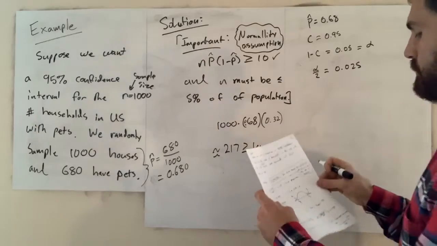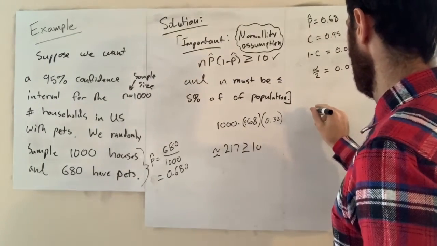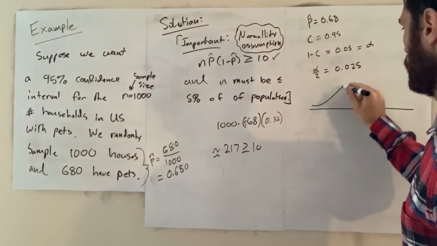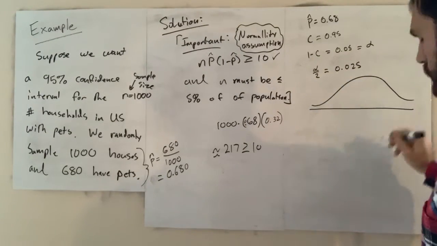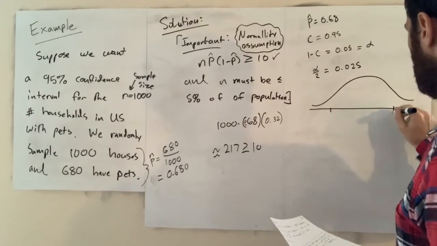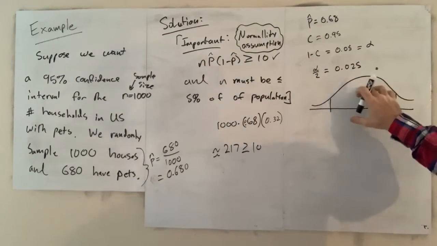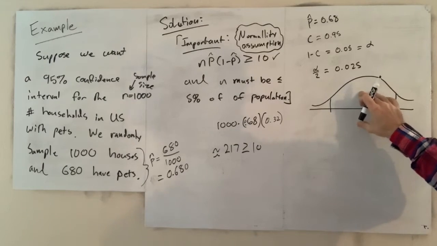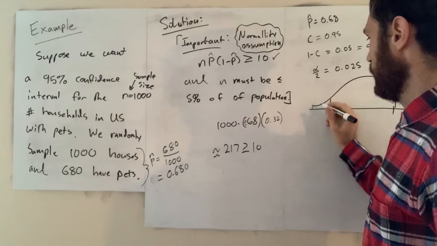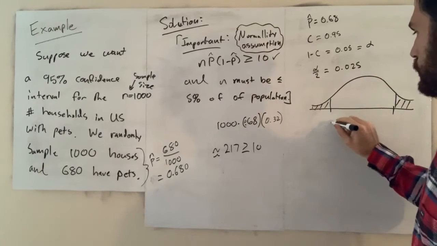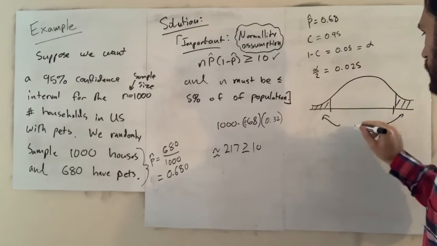And so what it means is, when we're looking at our normal distribution, you want C to be this region here, and you want alpha to be the shaded region. So remember, the shaded region here is alpha.